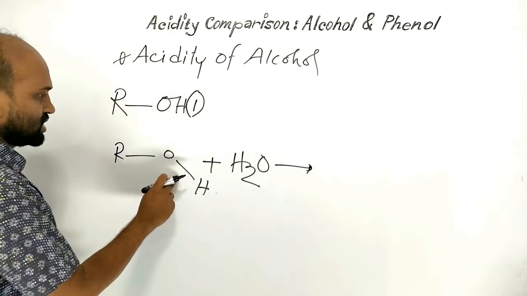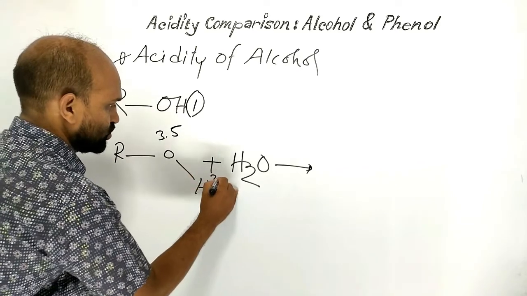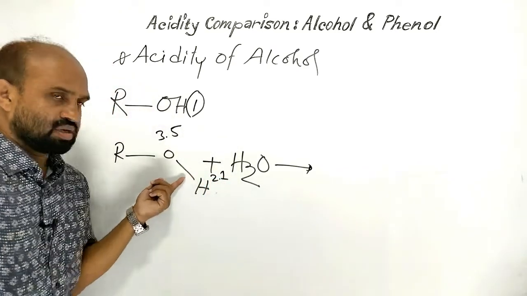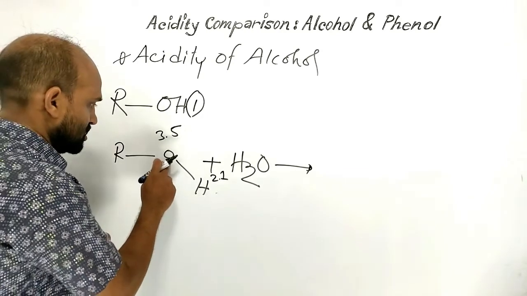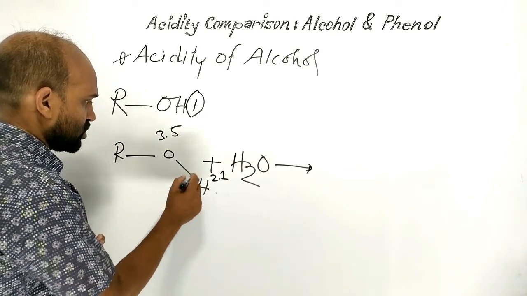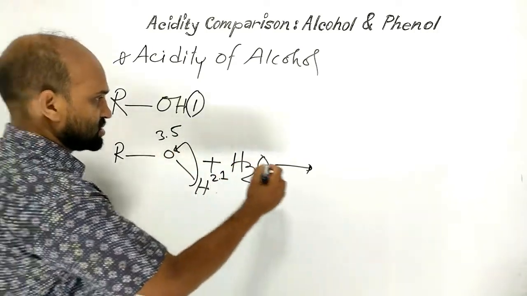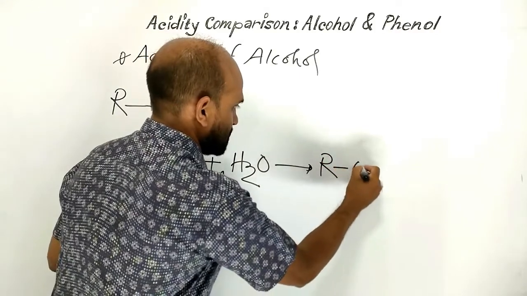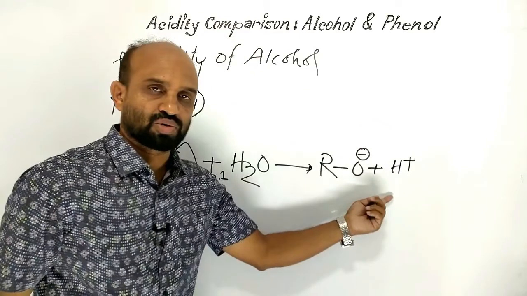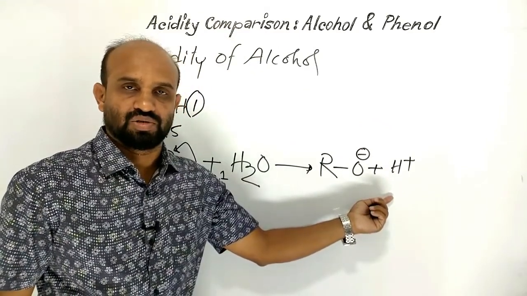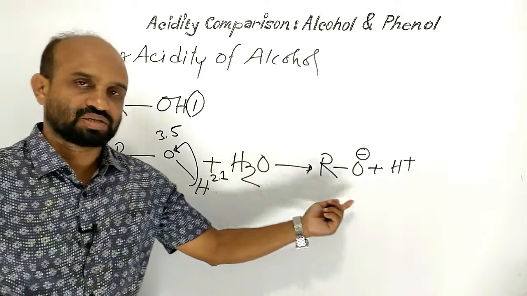Here, the electronegativity of oxygen is 3.5, hydrogen is 2.1. The electronegativity difference is quite high. So, this oxygen-hydrogen bond undergoes heterolytic fission, and as a result, this alkoxide ion and proton might be formed. So, it may act as acid.